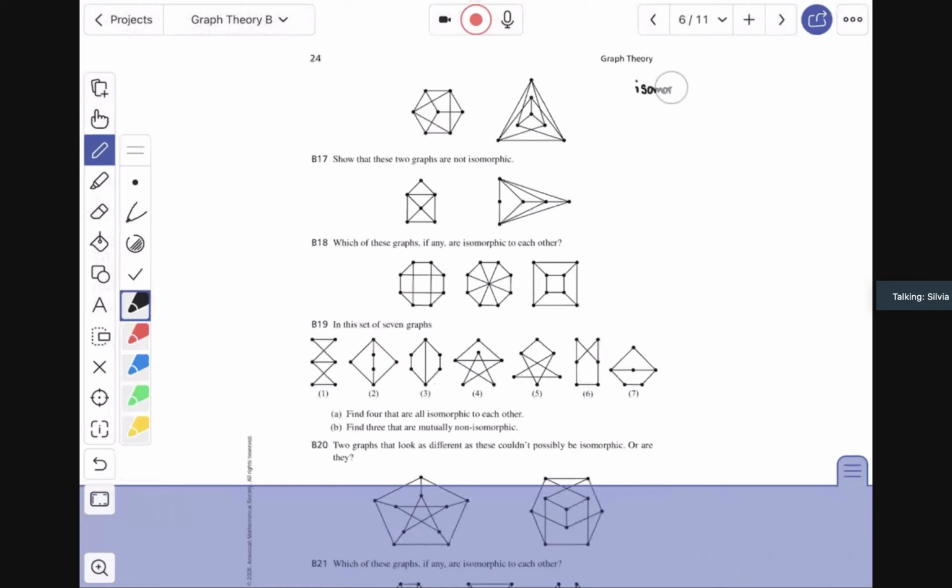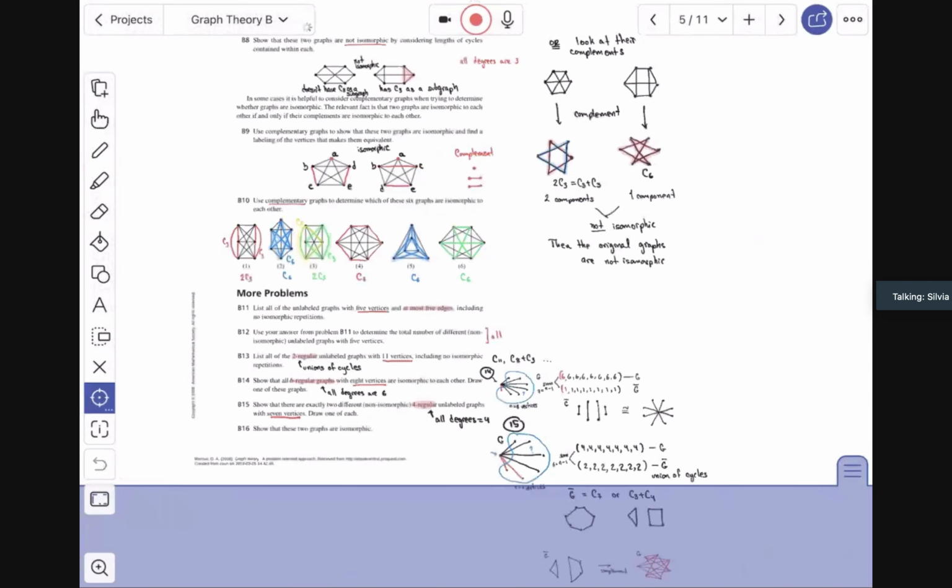Isomorphic, not isomorphic, isomorphic. For these ones, it's the same thing as before, right? We don't know if all of them are isomorphic or if all of them are not isomorphic. You want to classify them in classes, like we did with these ones.